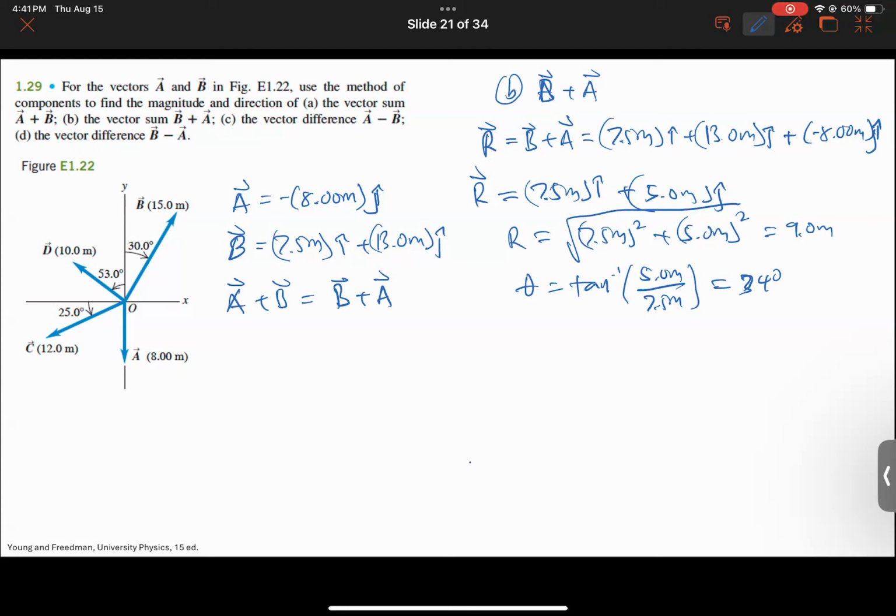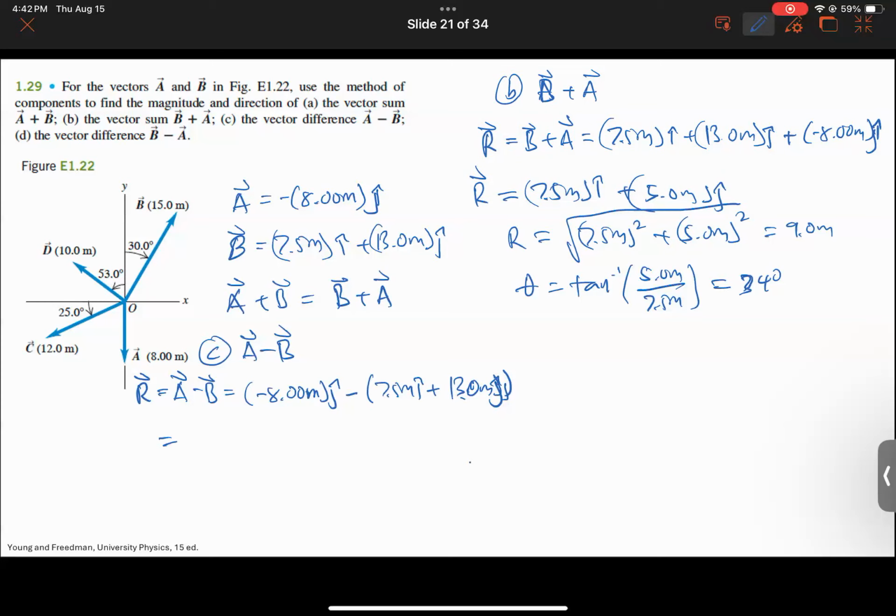So letter C. Ang letter C is A minus B. So if the resultant vector is A minus B, then we have A, which is negative 8.0 meters J hat minus B, which is 7.5 meters I hat plus 13.0 meters J hat.